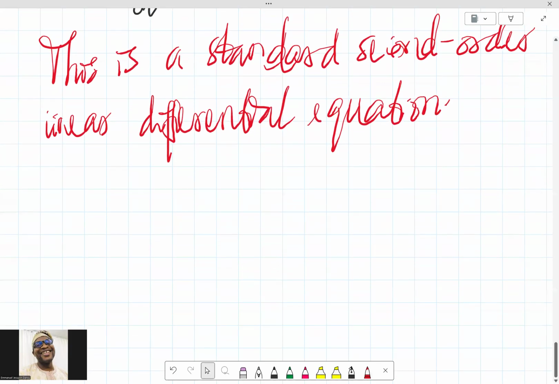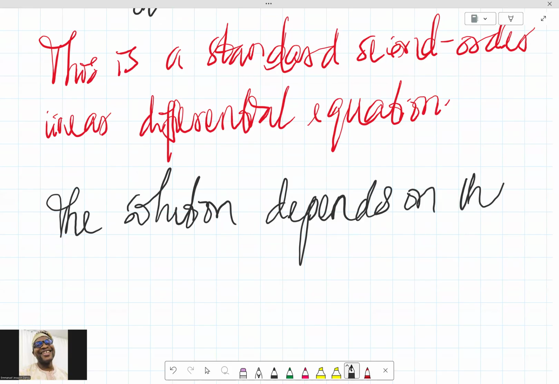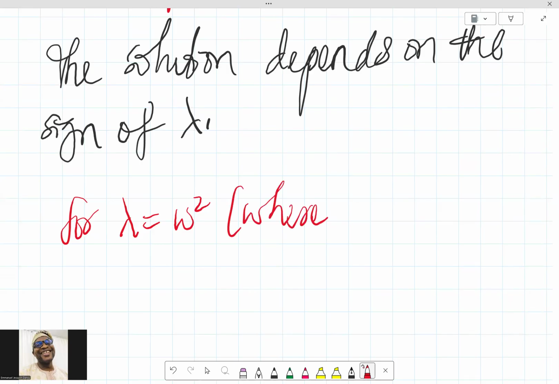So we know that the solution depends on the sign of lambda. We know that for lambda equals omega squared, where omega is a real constant.